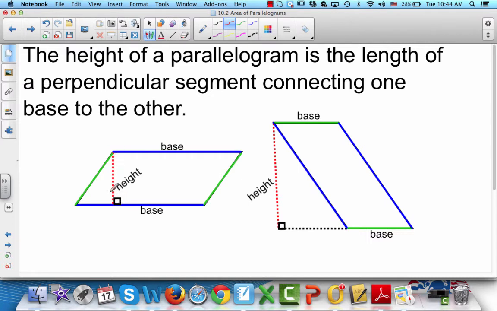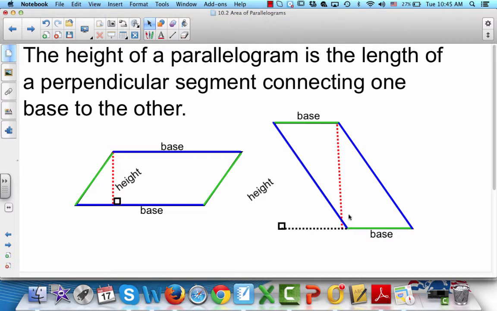Now, it doesn't matter which sides you choose to be the base. This is the same parallelogram. I've just turned it on its side. And now we let the shorter sides be the bases. One thing you got to notice is that you can't draw this perpendicular line and connect to this other base right here because it's just too short.